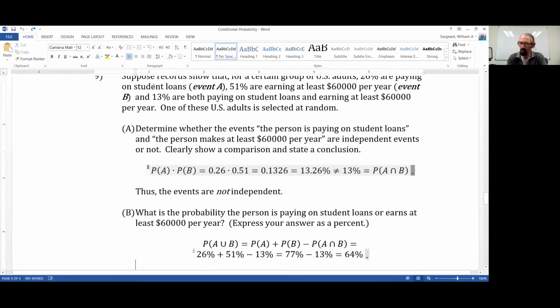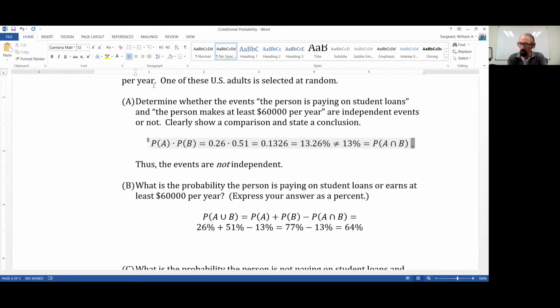Or if you did a Venn diagram, then besides that 13% in the middle, we would have 26 minus 13, where they are in the group that is paying on student loans but not making at least $60,000 per year.